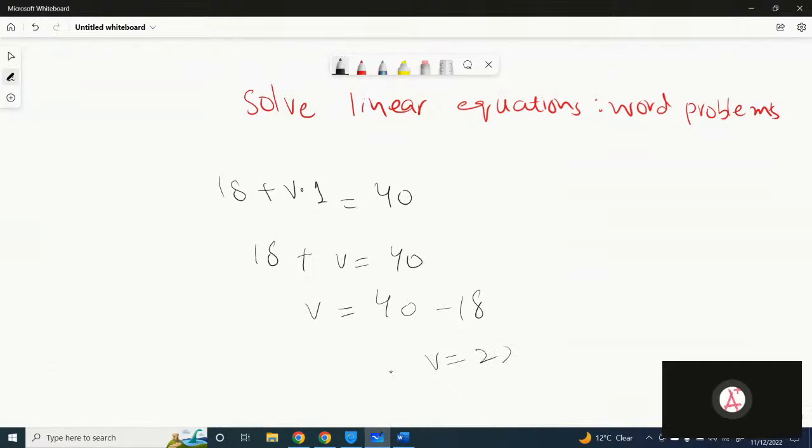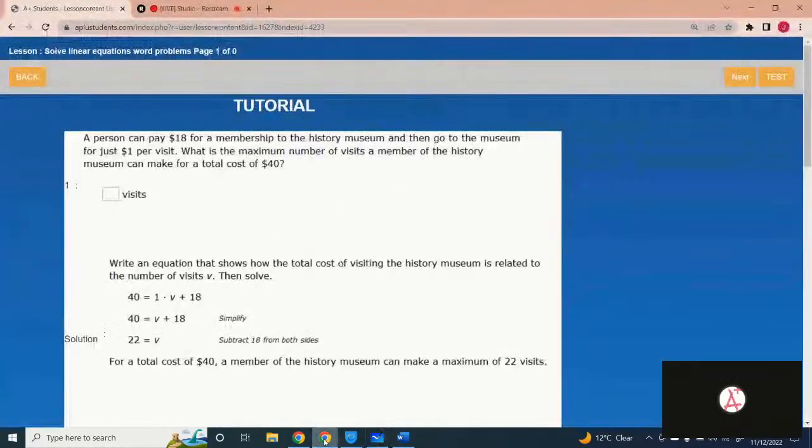V equals 22. That means to make $40, he has to make 22 visits to the museum. Got it?